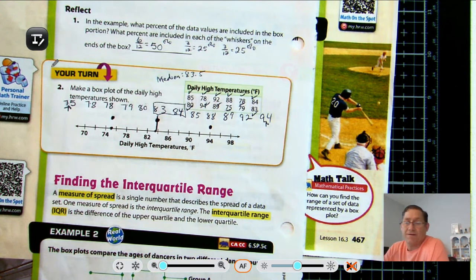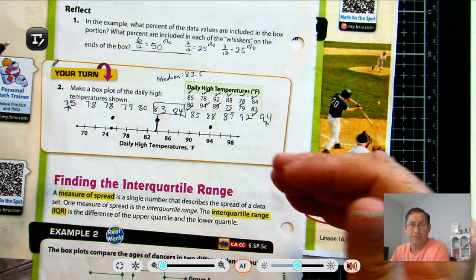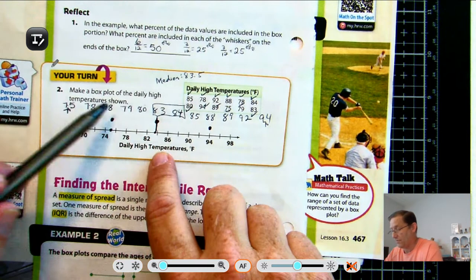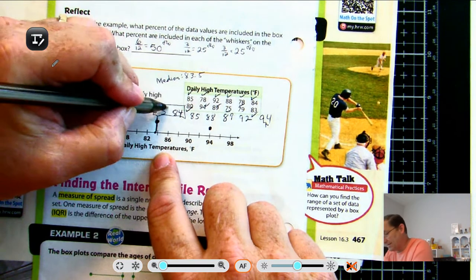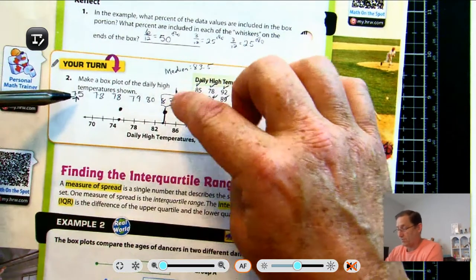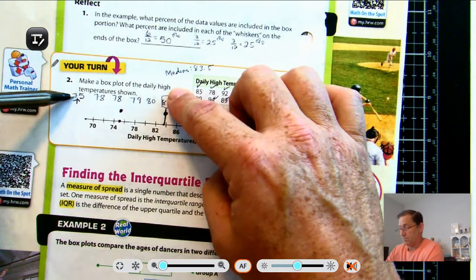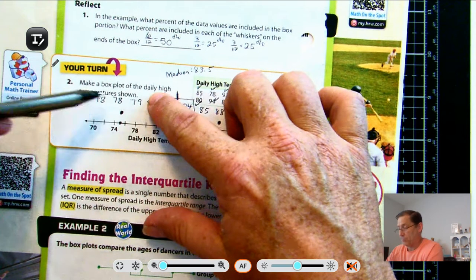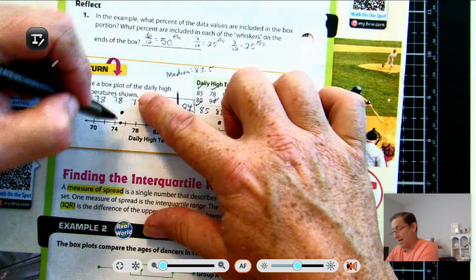So now we have to find the lower quartile and the upper quartile. So there's 12 numbers. So we're going to find the lower 6 and the upper 6. 1, 2, 3, 4, 5, 6. Okay. So the lower quartile, work our way towards the middle. We're in between 78 and 79.